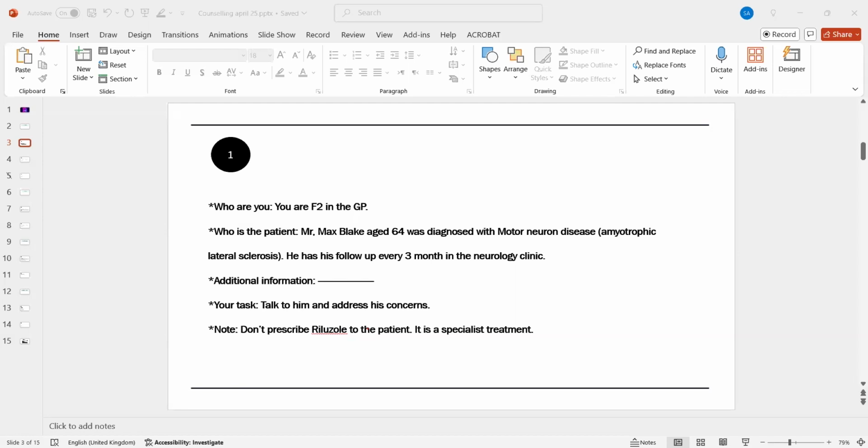But it's better always, especially if you don't know the medical condition, to ask the patient, what are your symptoms exactly? Can you tell me what are the symptoms that you are suffering from? So we can help you in treating them. All right? This is what you missed. So what are the symptoms and what is the plan of management?